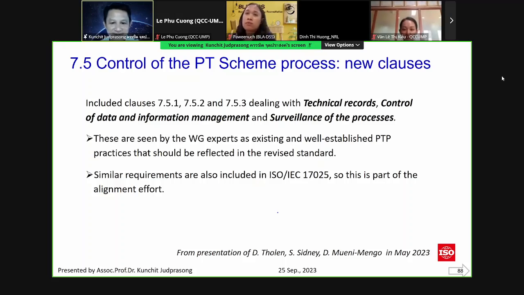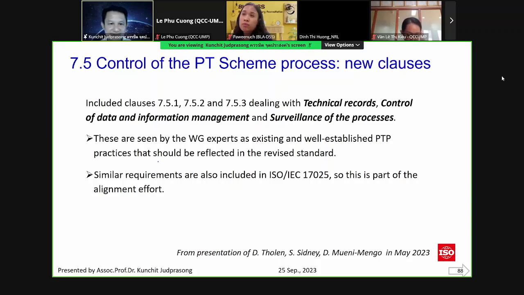Okay, this is again from Dr. Dan, from the control of the PT scheme process. From the PT scheme process, they also have new clauses, including 7.5.1, 7.5.2, 7.5.3, dealing with technical record, control of data information management, and surveillance of the process.